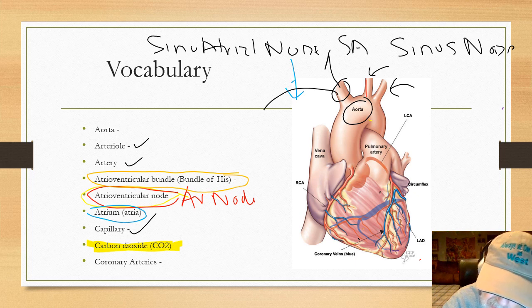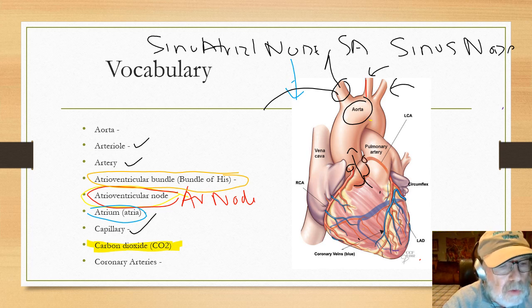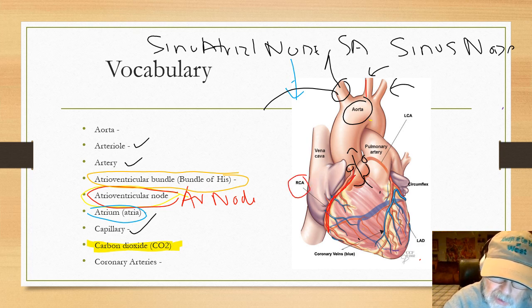Well, right here is this valve at the top of the left ventricle that lets blood go out the aorta this way. Right above the valve, there's a hole here, and there's also a hole just on the other side. Those are the holes for the coronary arteries. Those coronary arteries can come around this way. This is the right coronary artery. This one over here that goes underneath the pulmonary artery is called the left coronary artery.